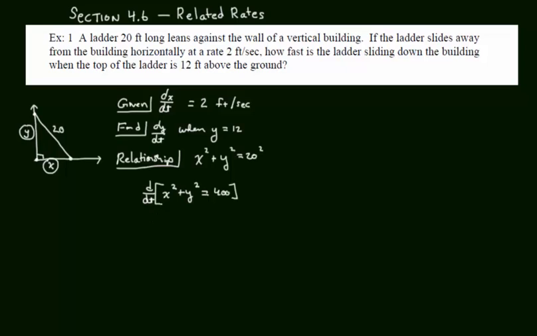So what is the derivative of x squared? It's going to be 2x times the derivative of x with respect to time, dx/dt. There's the chain rule. Plus the derivative of y squared, which is 2y dy/dt, equals the derivative of 400, which is 0.